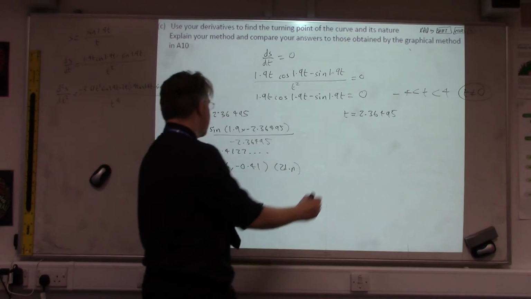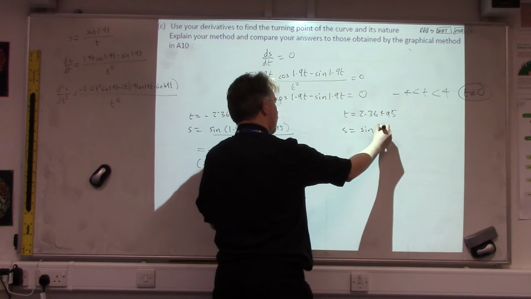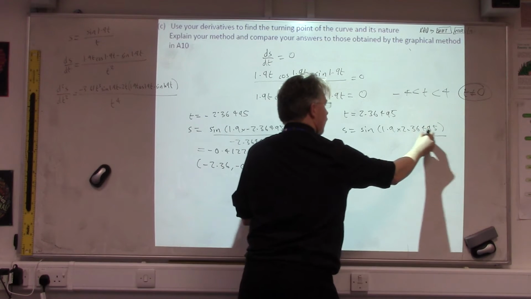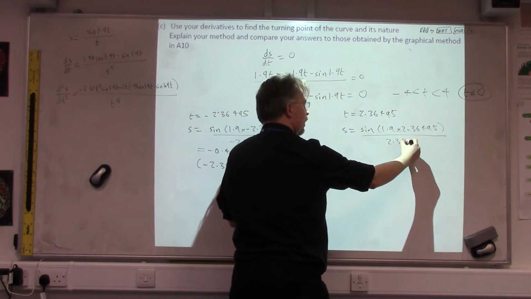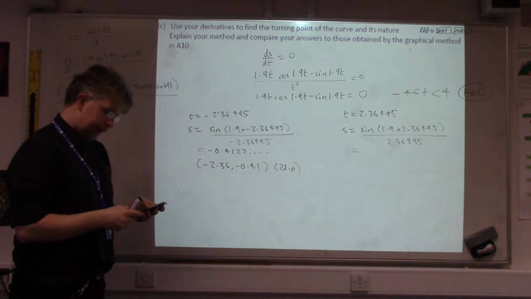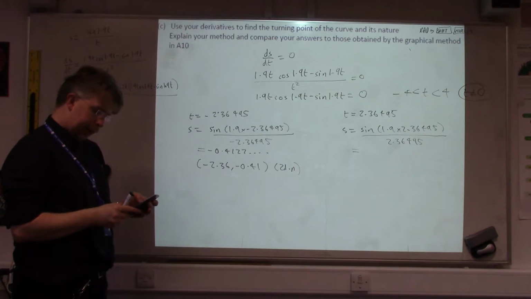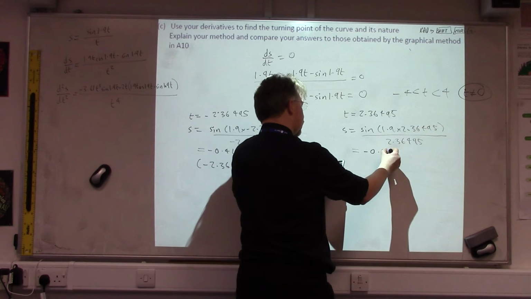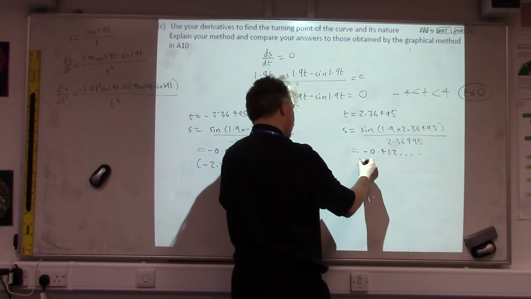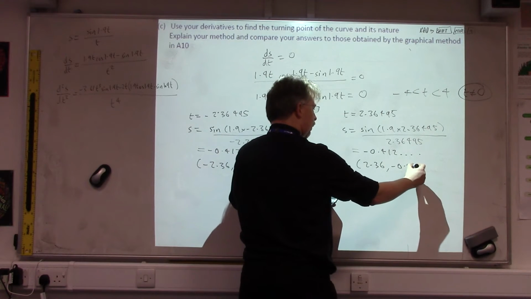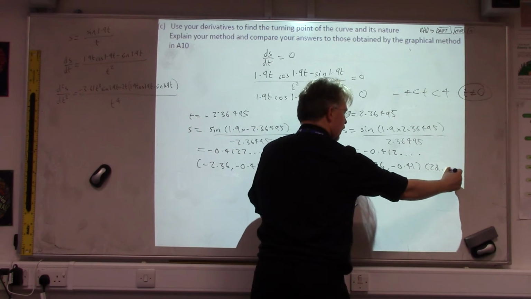Same for the other point: s equals sine 1.9 times 2.36495, divided by 2.36495. Use the replay button on the calculator, just delete the minuses, and we get the same value out, -0.412, and so on. So the other point is 2.36, -0.41 to two decimal places.